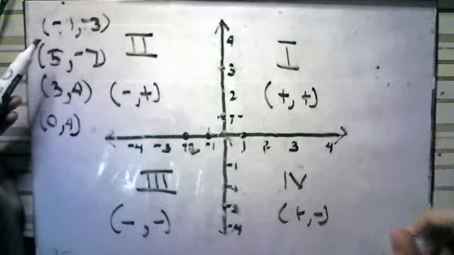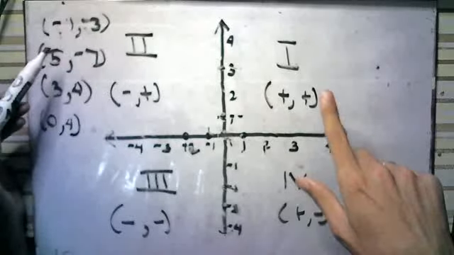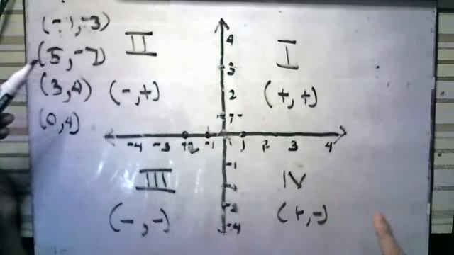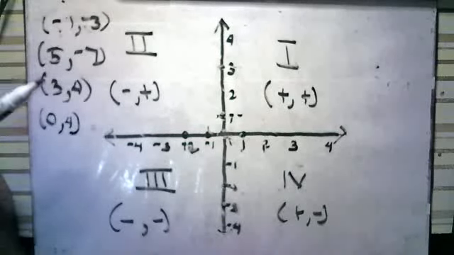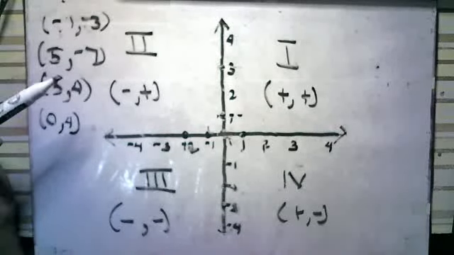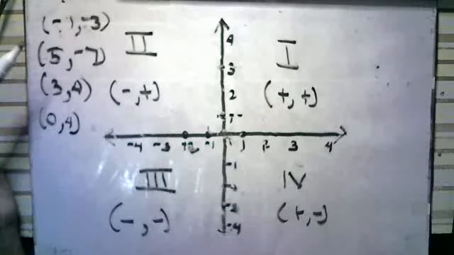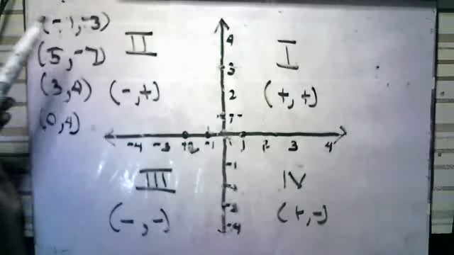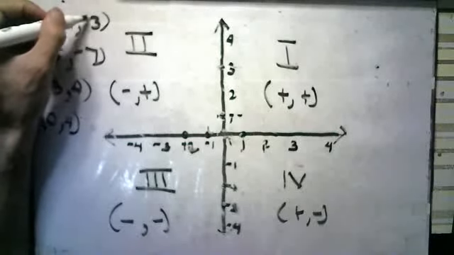Kanina nasabi ko sa inyo yung about doon sa quadrant 1, 2, 3, and 4. So you need to state the quadrant of each of the items. I have here 4 ordered pairs. Let's start with negative 1, negative 3.